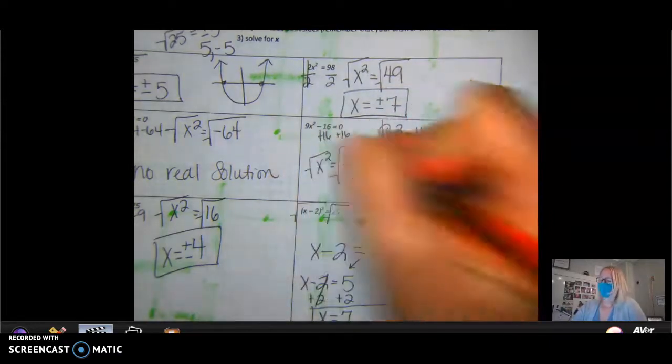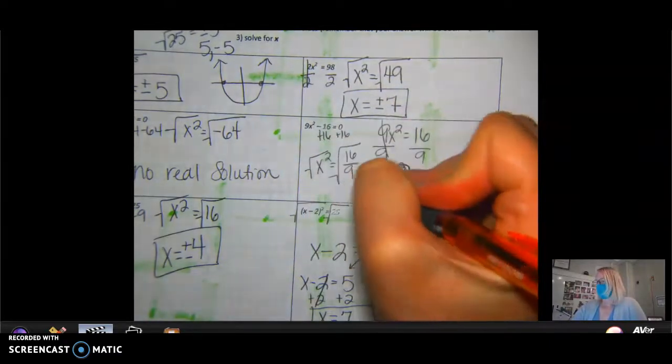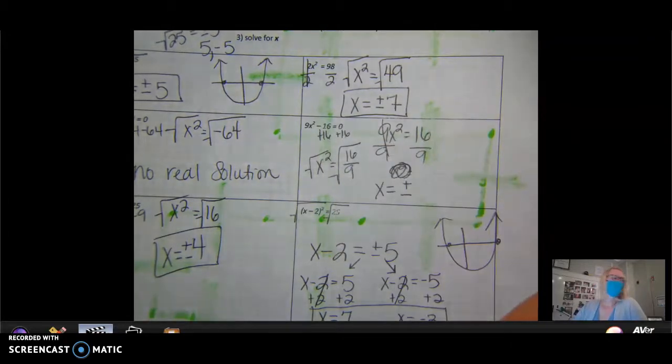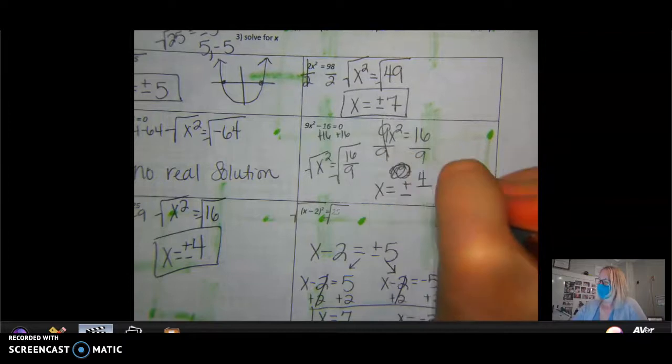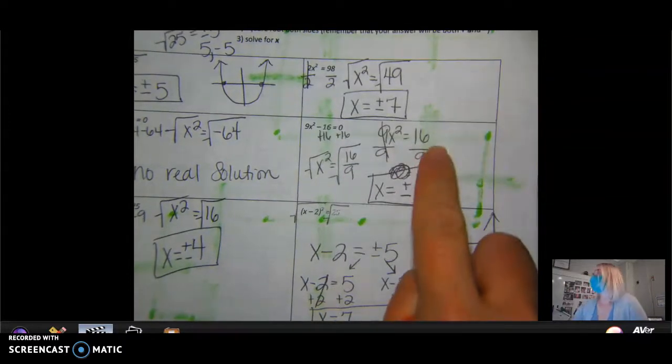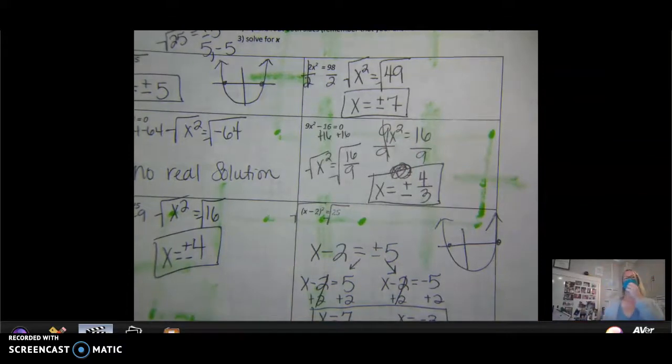Yep, I'm going to square root both. I get x equals a positive and negative. What is the square root of 16, guys? And what is the square root of 9? 3. If you did not leave this as a fraction and you carried it out to a decimal, your answer should be about 1.333 repeating, right around there. Okay? But it is positive and negative of that.